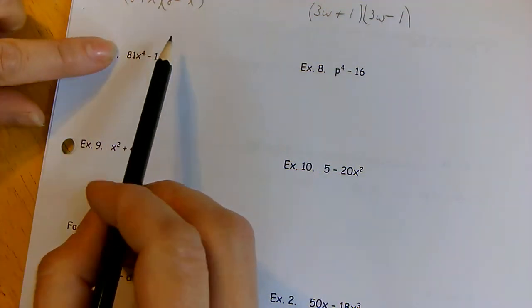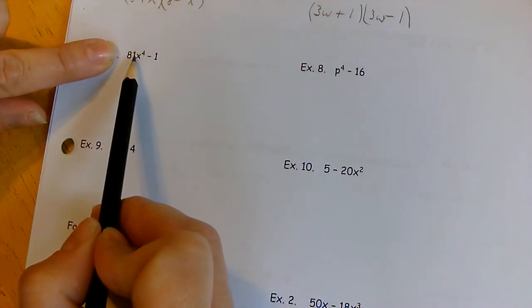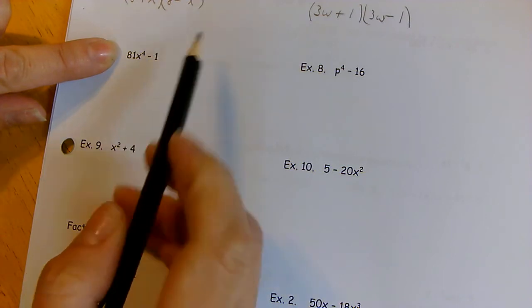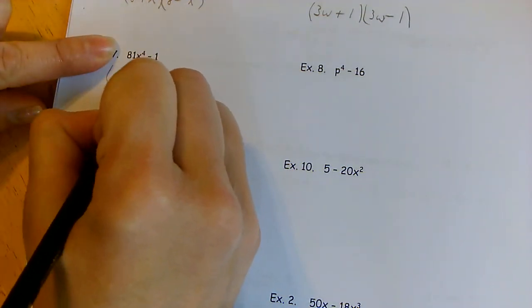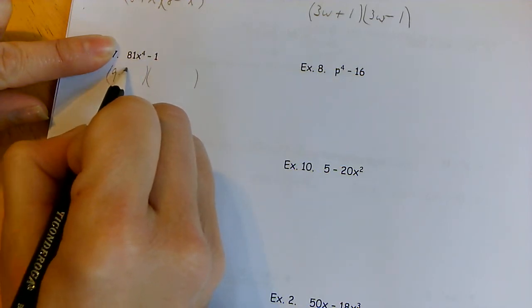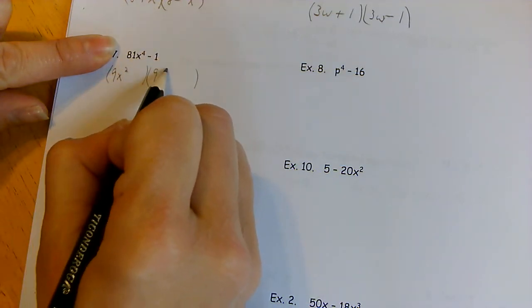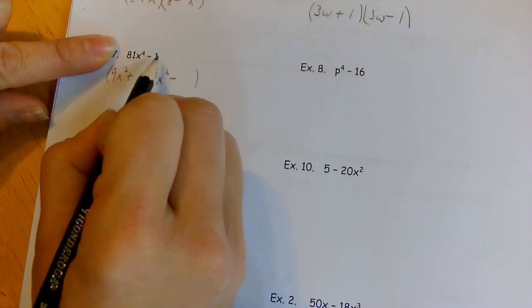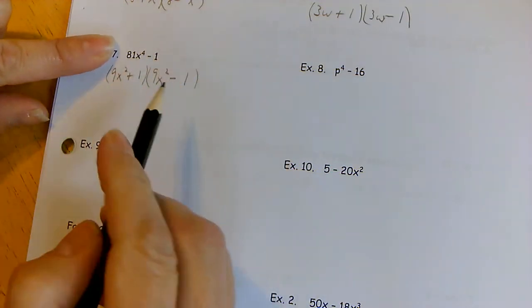Alright, here 81x to the 4th is a perfect square, minus 1 is a perfect square. So 9 times 9 is 81, and then x squared, half of the 4. One of each sign, square root of 1 is 1.